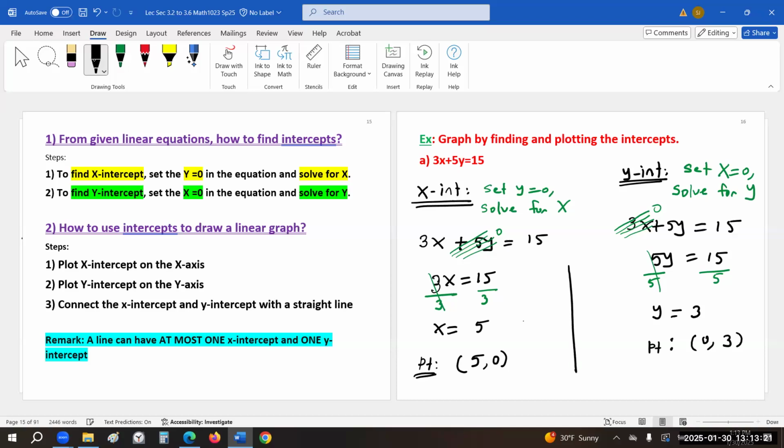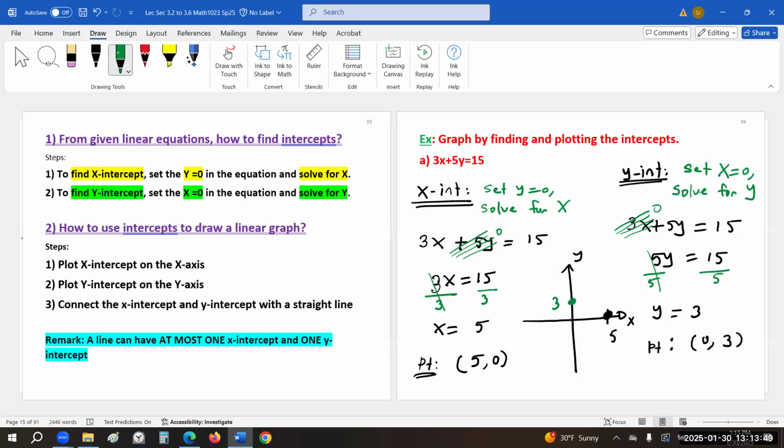And now finally, use them to graph. So this is the x-axis, this is the y-axis. Our x is 5 and y is 3. So let's say this is 5. You plot the x-intercept on the x-axis. y is 3, so you plot the y-intercept on the y-axis.